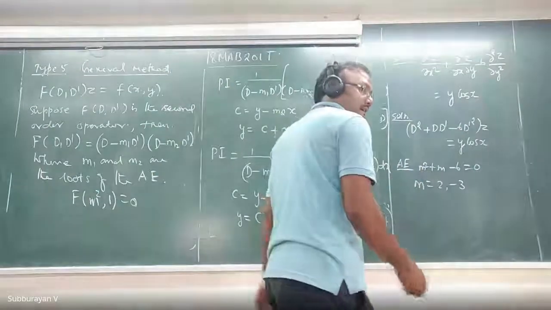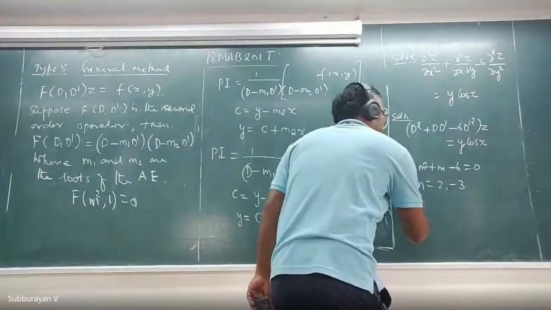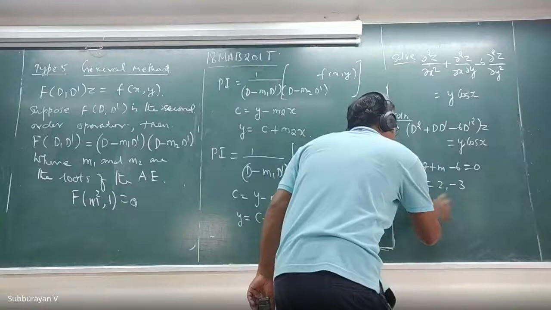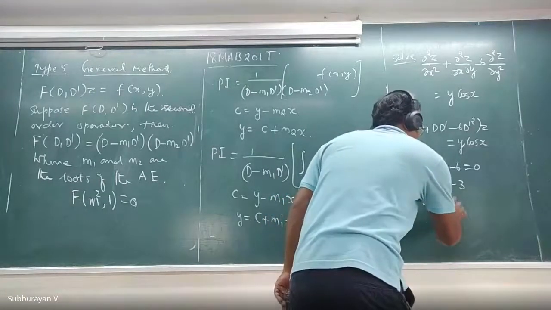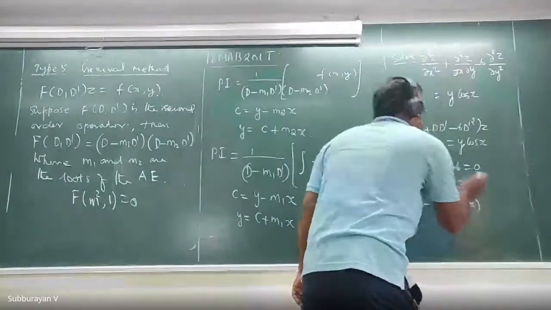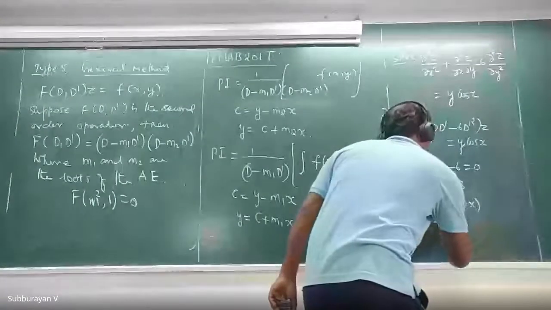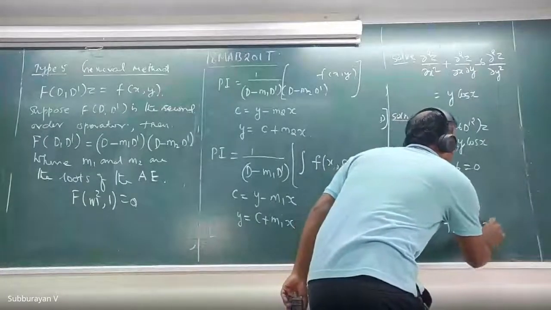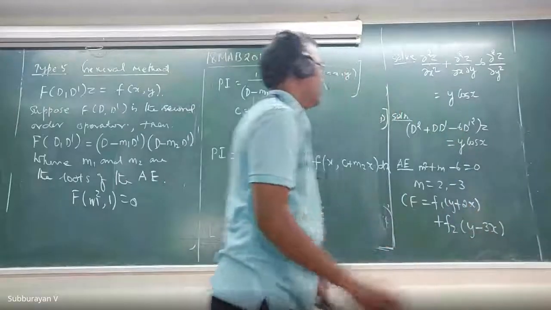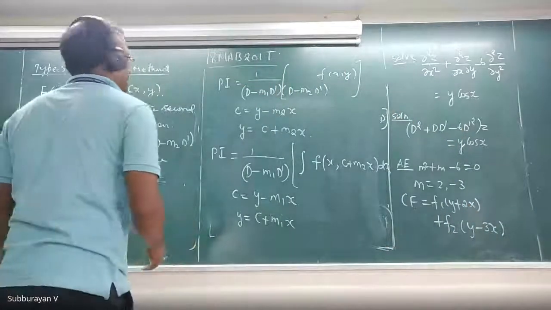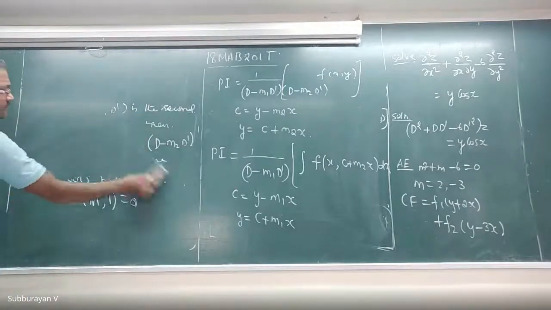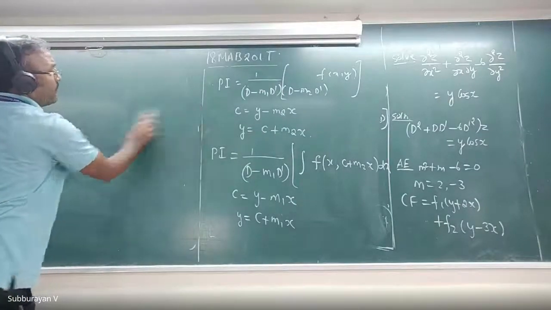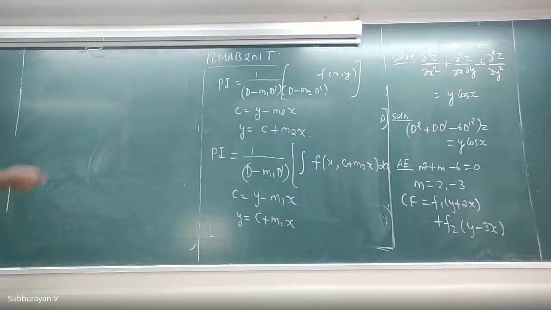Now what is your complementary function, CF? Our complementary function is f1 of y plus 2x plus f2 of y minus 3x. Now what is your operator?